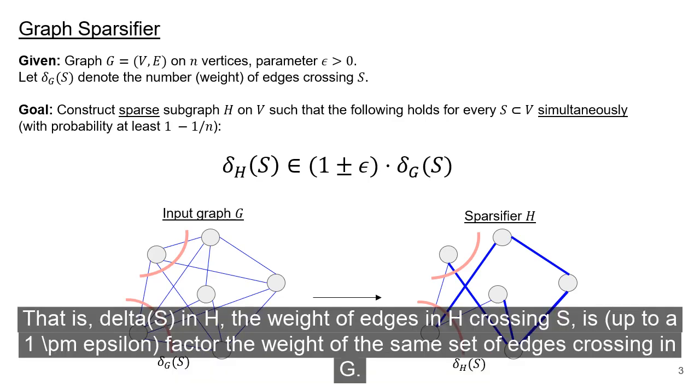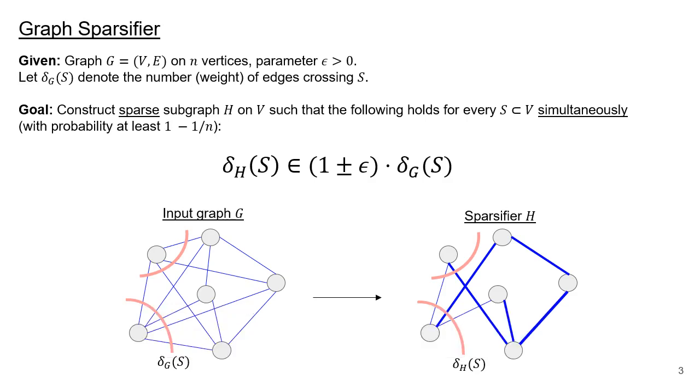That is, delta S in H, the weight of edges in H crossing S, is up to a 1 plus minus epsilon factor the weight of the same set of edges crossing in G.